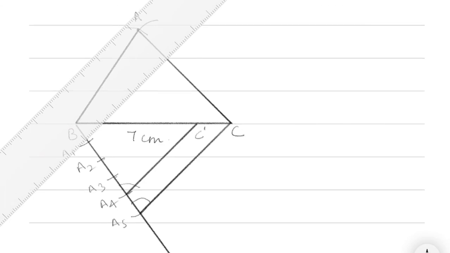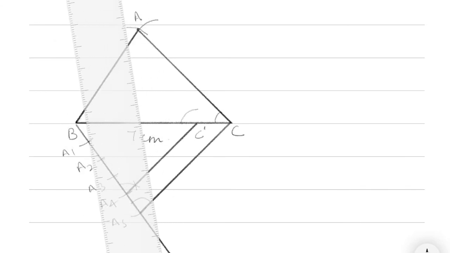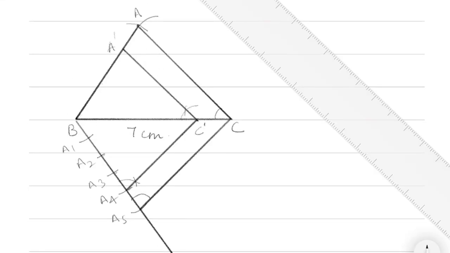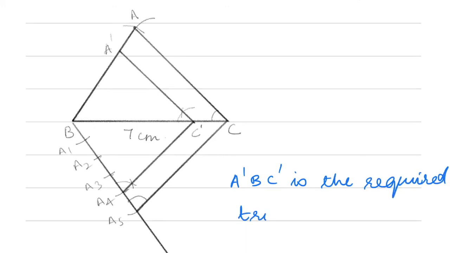Now we are going to measure this angle C, and we will draw the same angle at C dash. So this is A dash. So here A dash B C dash is the required triangle.